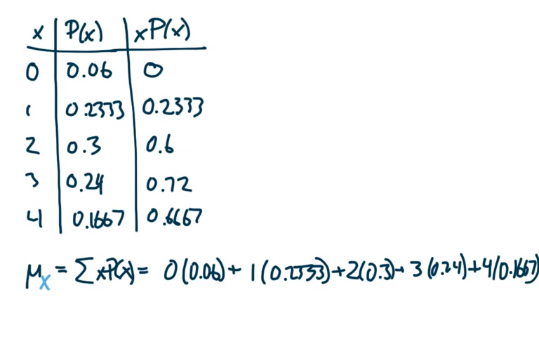In the future, if you want to organize this work on, say, a test paper or a homework paper, you don't have to write it out like this. I want you to understand that this means this, but organizing it in this table is fine. That is sufficient if you know what you're expected to do. So then the next thing we need is the sum of all of these things.